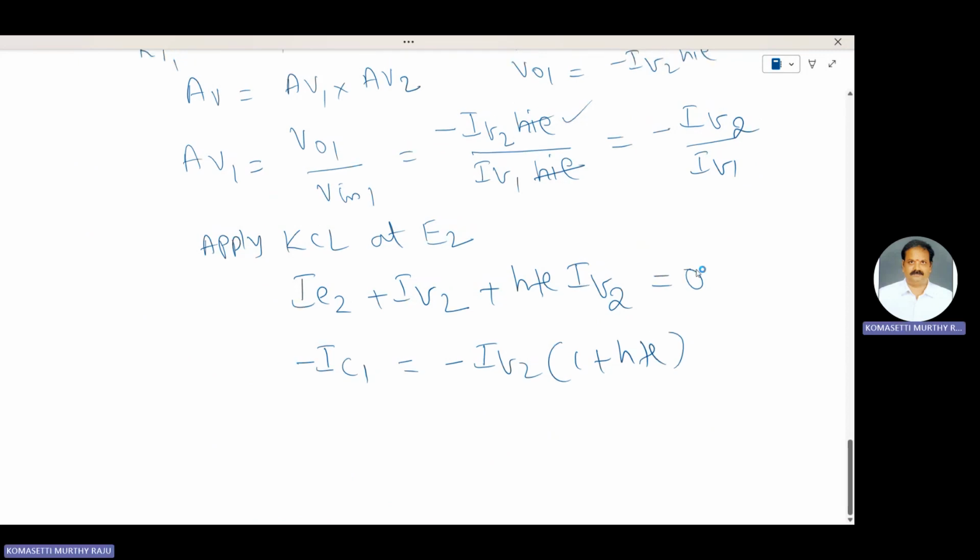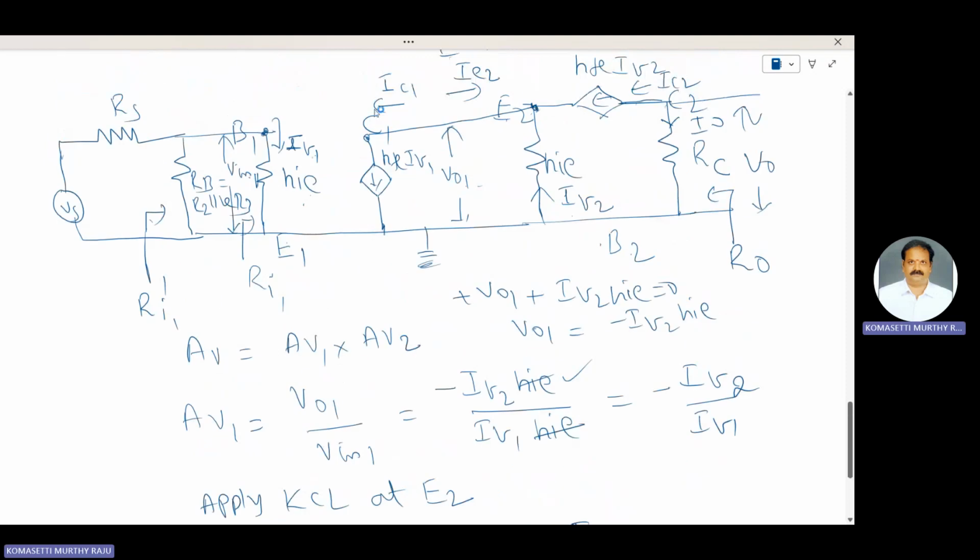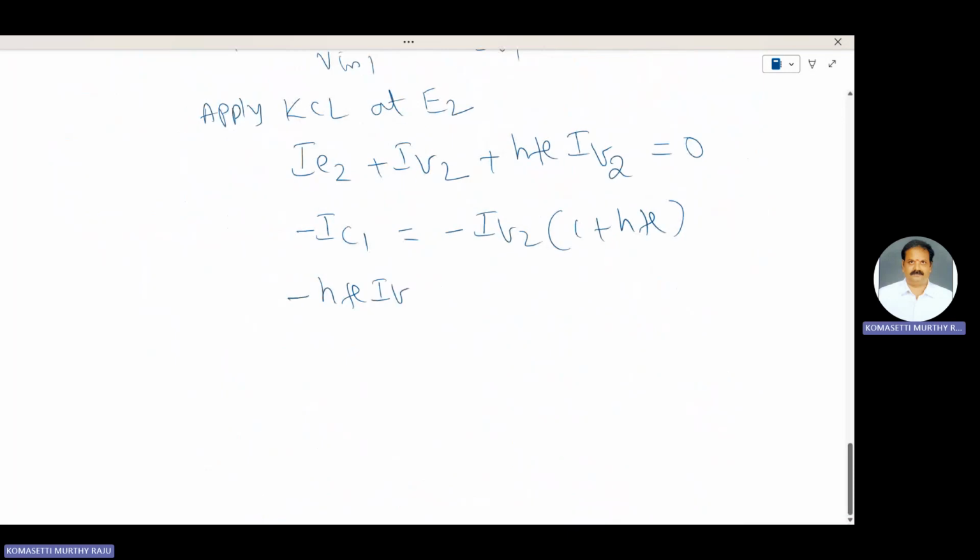But IC1 is equal to HFE IB1, so HFE IB1 is equal to IB2 into 1 plus HFE. 1 plus HFE is approximately equal to HFE.